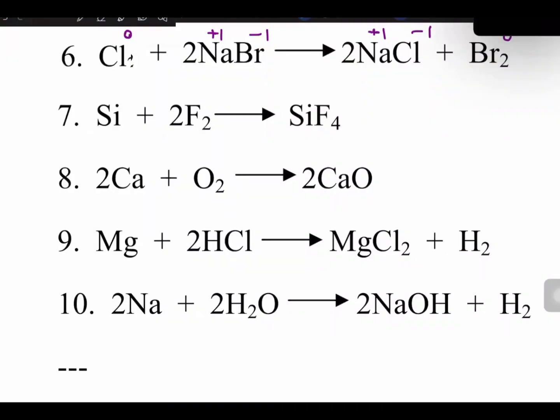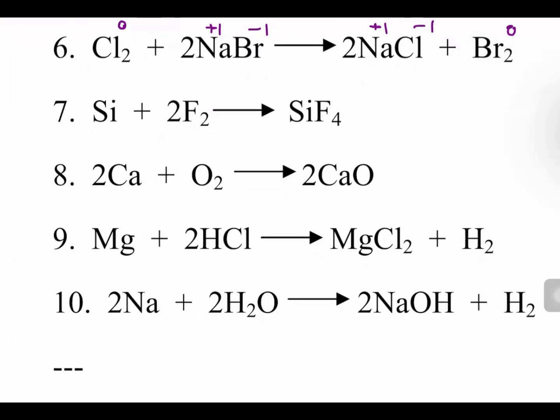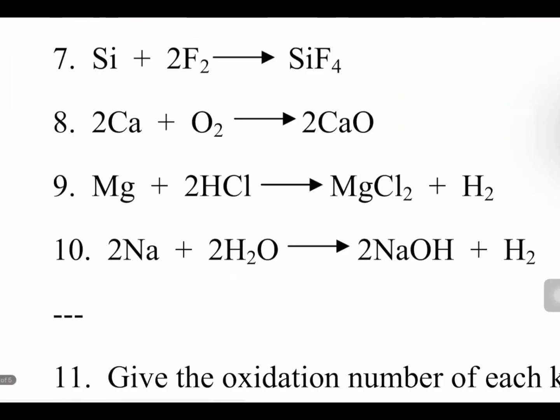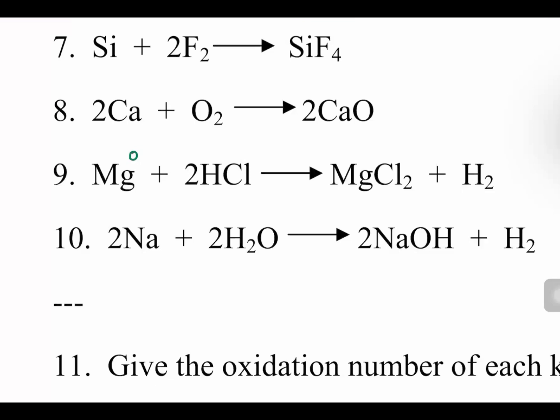Mg loses electrons. Yes, Mg loses electrons, obviously, but Mg is changing from 0 to +2, since magnesium is in group 2. So that's why this is +2. Something is changing from 0 to +2.